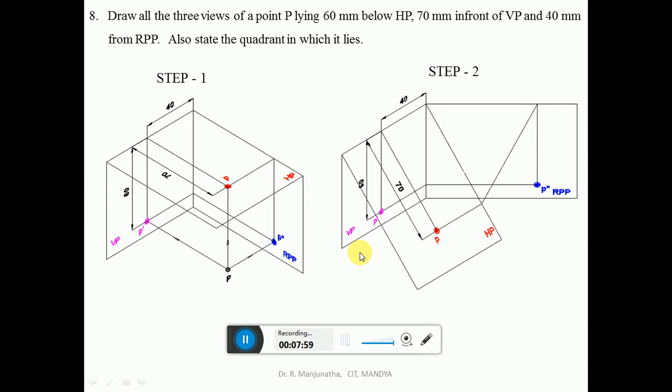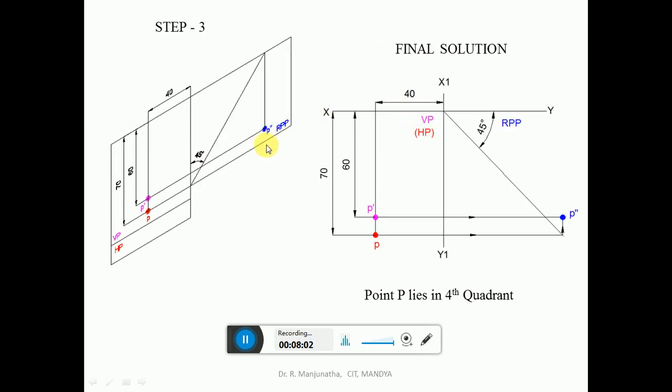So by this explanation we can see here, when you are projecting the front view onto the profile view, P dash is projected directly onto the profile plane, wherein the distance below HP, which is vertical here, also the distance below HP will be vertical. And the distance in front of VP, which is 70 mm, which is vertical here, when it is projected onto the end of the horizontal plane, it will be vertical.